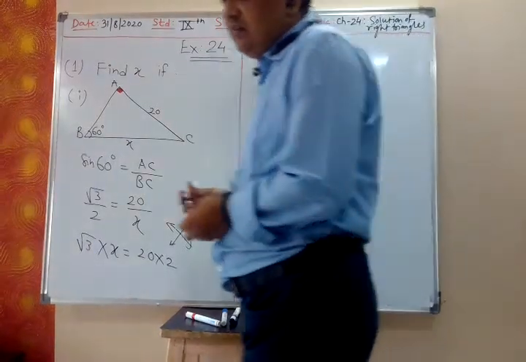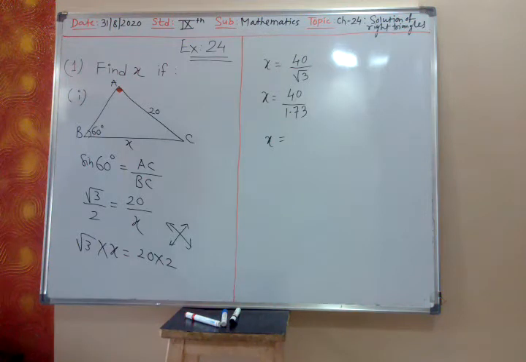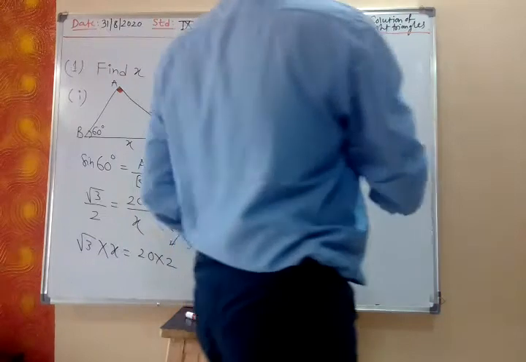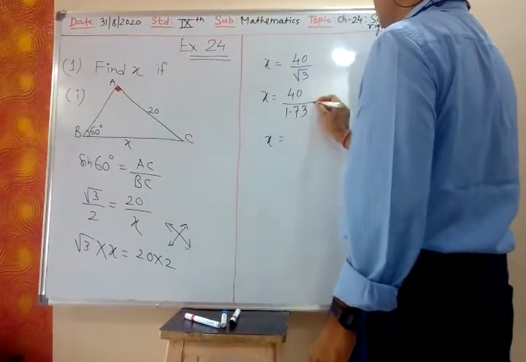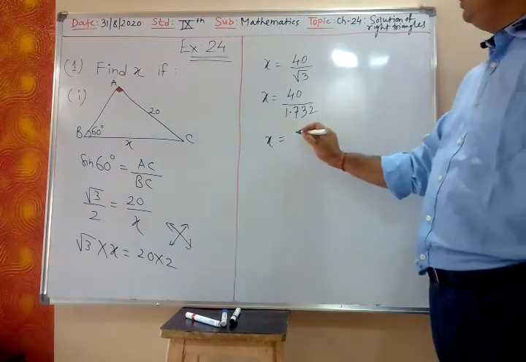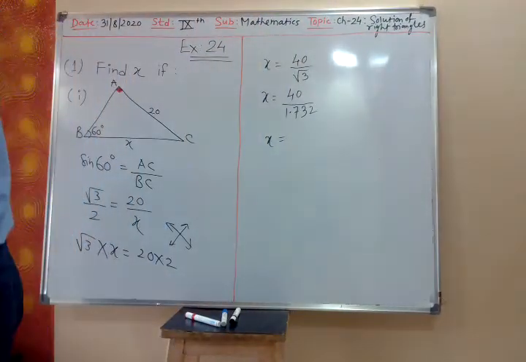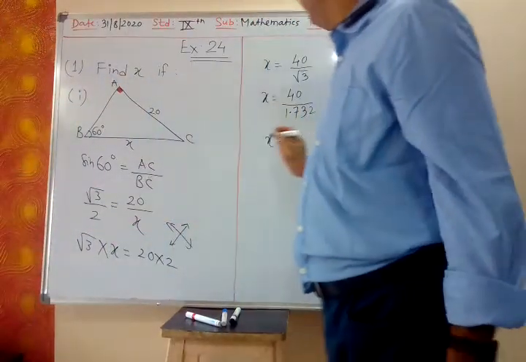How much is the answer? Root 3 is 1.732, no? So when you divide 40 by 1.732, you will get the answer 23.09.